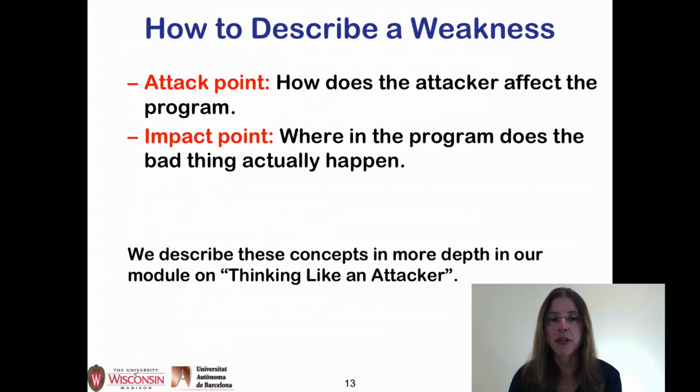Let's refresh a couple of concepts from our Thinking Like an Attacker module. The attack point, which is one location on the attack surface, refers to how an attacker can affect the program. And the impact point, which is one location on the impact surface, is where the attack forces the program to actually make the bad things happen.